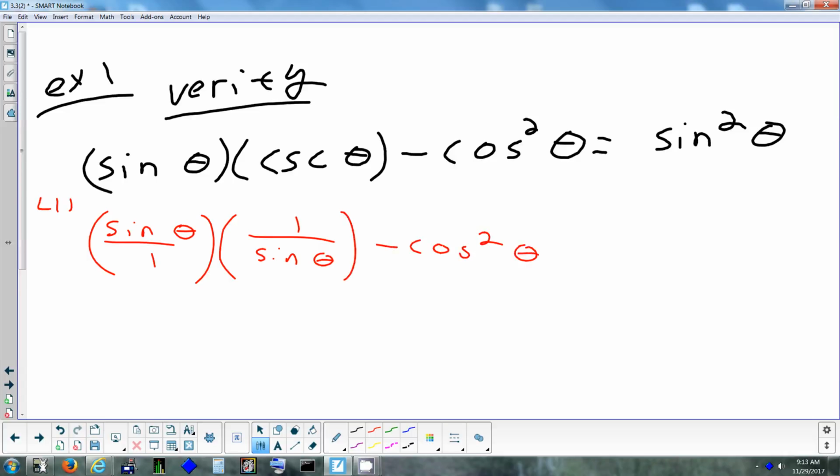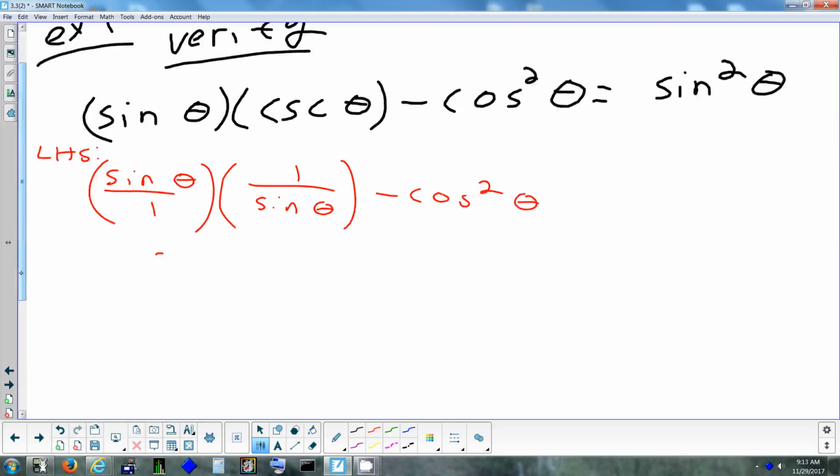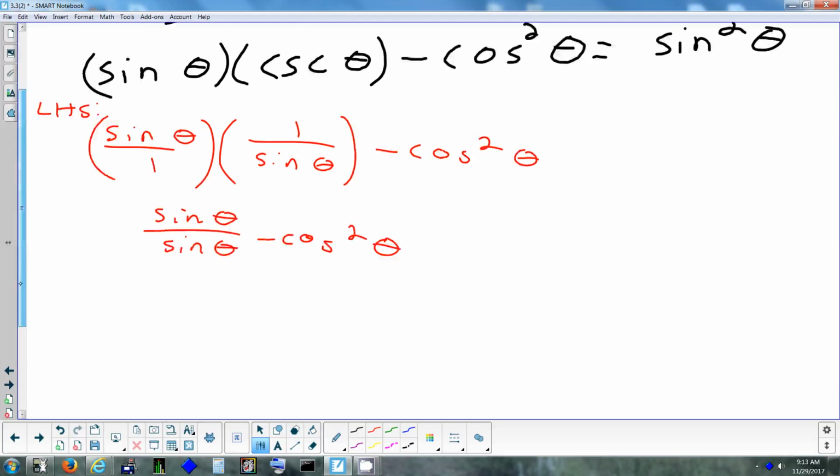Okay, so this is the left-hand side we're working with. Eric, what do I get when I multiply sine over 1 times 1 over sine? Sine over sine. And what's sine over sine? 1.